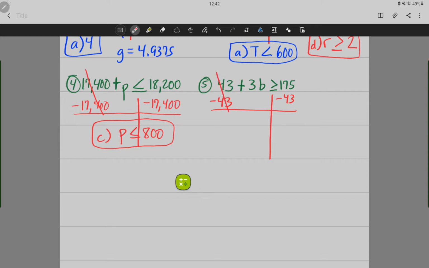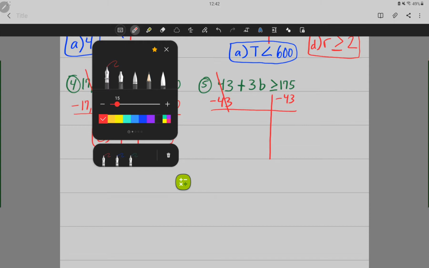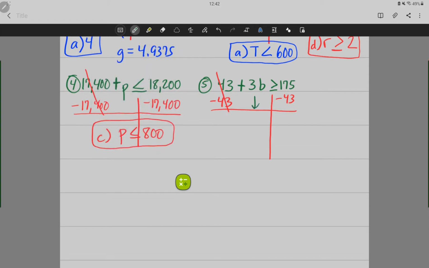Cancel it out. We haven't used the 3b yet, so bring it down. Bring down our inequality symbol. And 175 minus 43 is going to give us 132. Now what operation do we see? We see multiplication. It says 3b, which means 3.